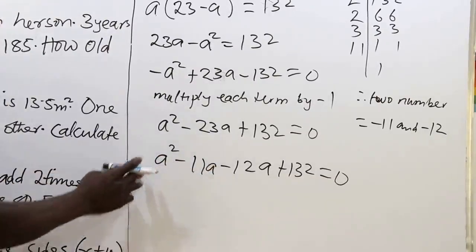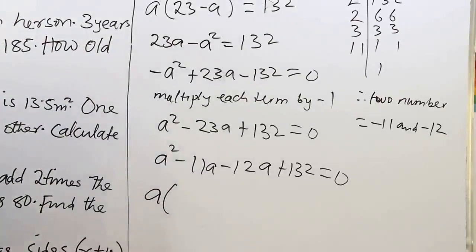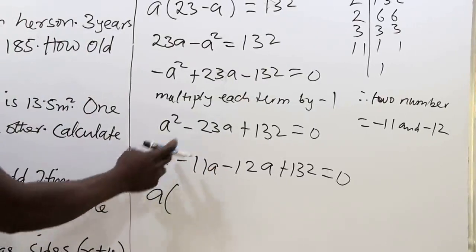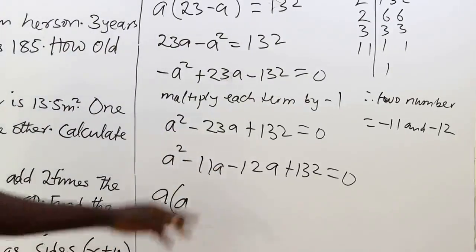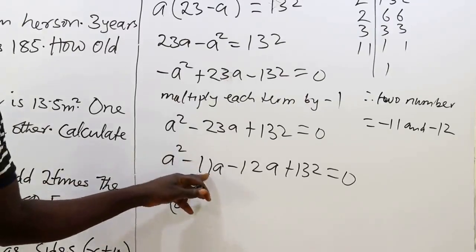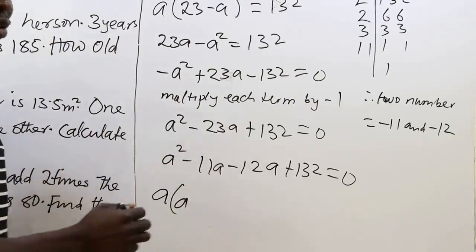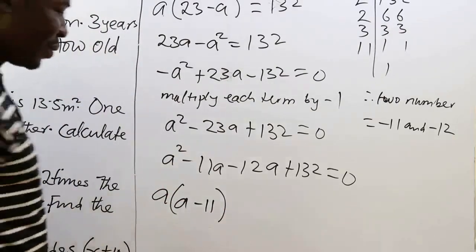So we say a is common, and we put a outside the bracket. a is dividing this term, so a squared divided by a gives us a. Now here is minus 11a; minus 11a divided by a gives minus 11.